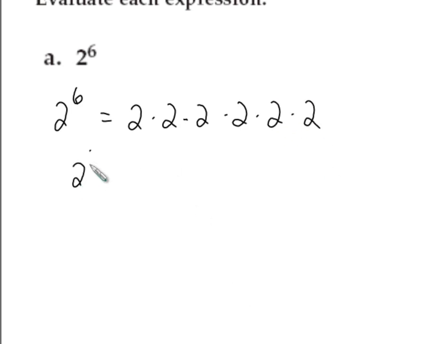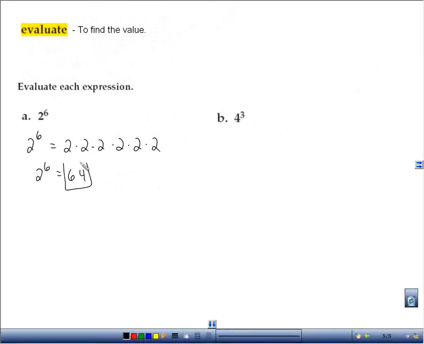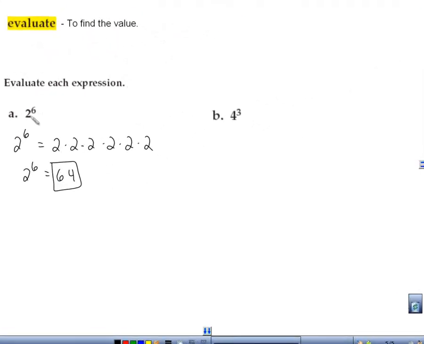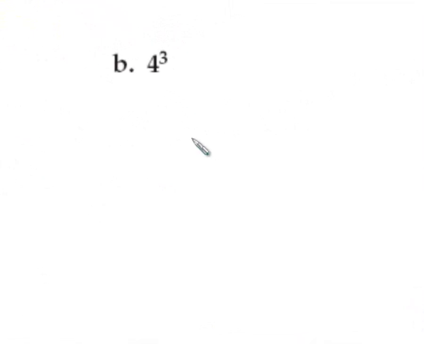And 2 to the 6th power, if you multiply all that out, is 64. So that's an example of evaluating this expression. Over here, 4 to the 3rd power, or the special word for that is 4 cubed, is 4 times 4 times 4, which is also 64.